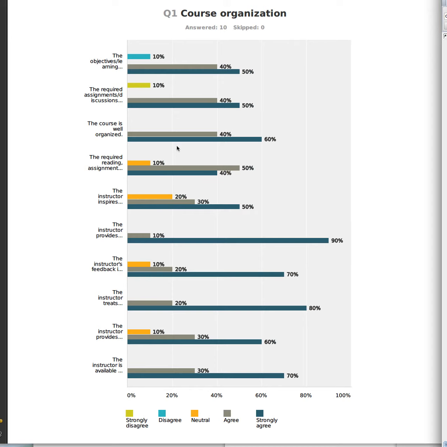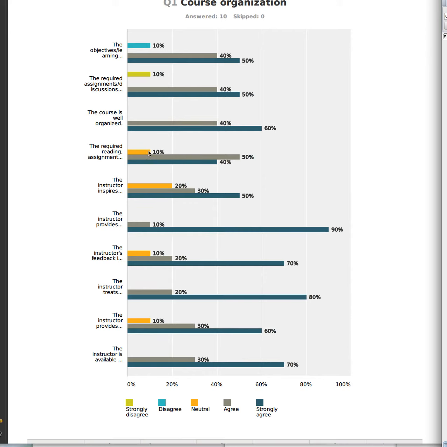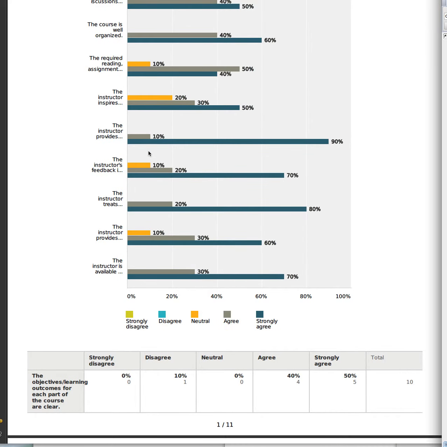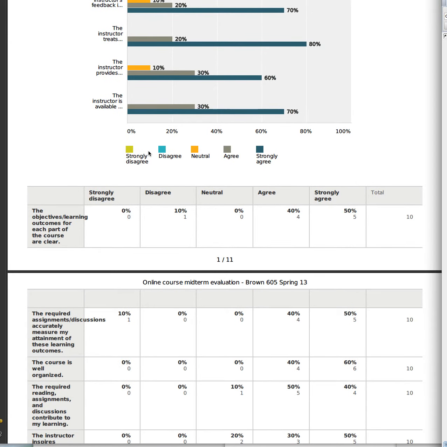So aside from these neutral responses and these outliers from one student, the remaining responses are positive and the course is viewed favorably by respondents, but the response rate was not as high as I would have liked.